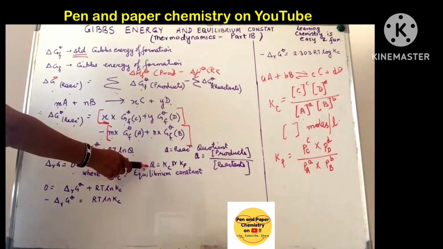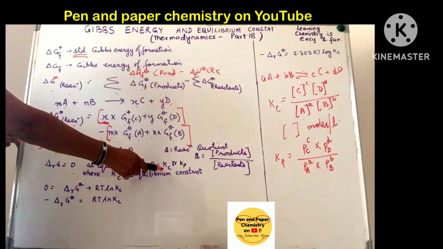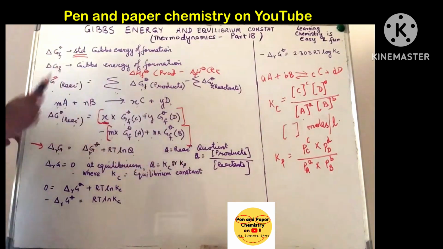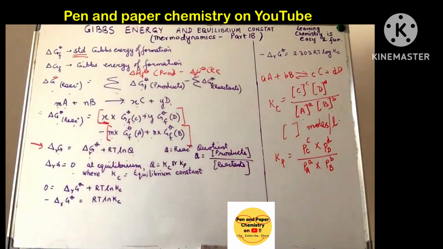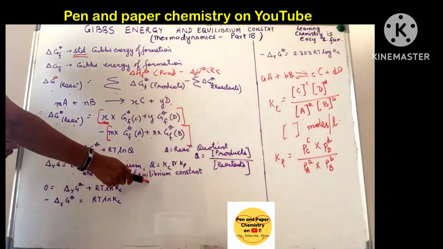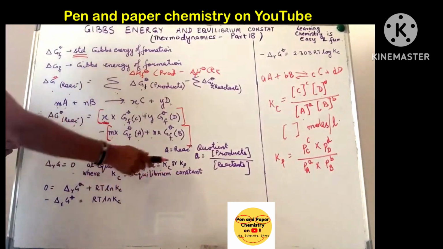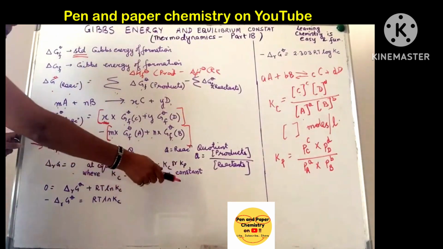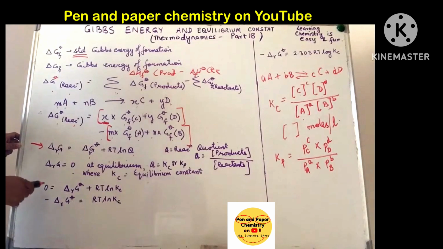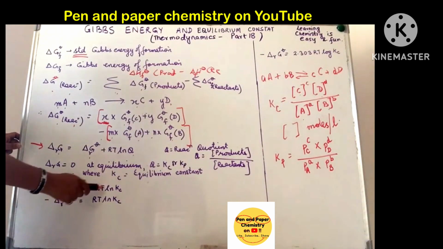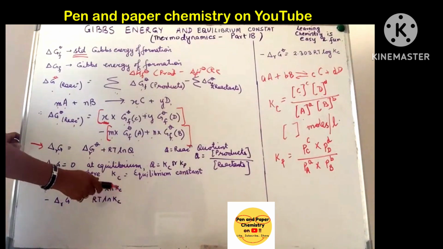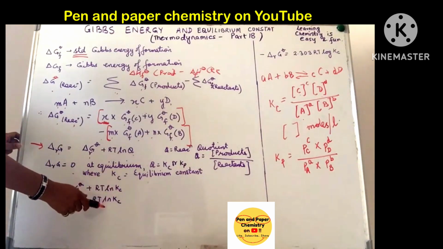Then the reaction quotient becomes equal to the equilibrium constant, either in terms of concentration or in terms of partial pressure, whatever we choose to write. Kc is the equilibrium constant in terms of concentration, Kp is the equilibrium constant in terms of partial pressure. So delta G r becomes 0. We have delta G r naught plus RT natural log of Kc equal to 0. Natural log is to the base e.